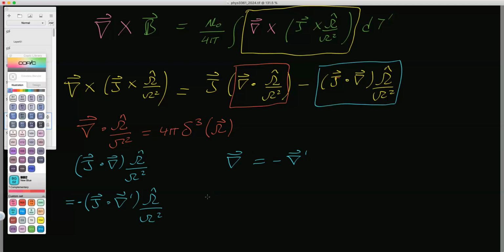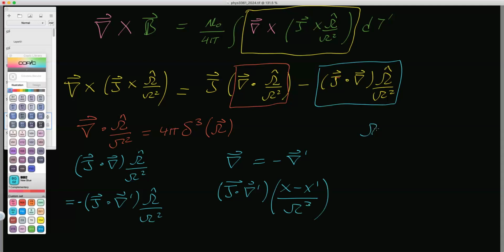So we're going to have negative, where's my negative sign? My negative sign is missing on here. I guess I'll just look at this. J dot del prime, because it won't matter, x minus x prime over omega cubed. Now, what did I do here?